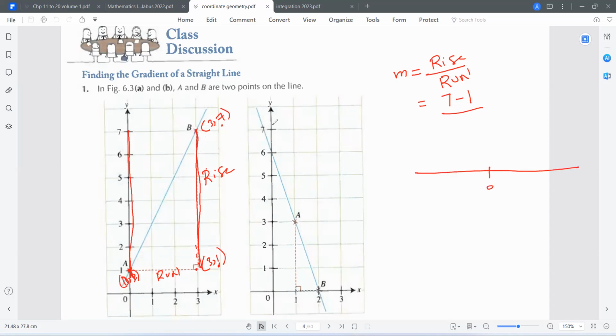If you find the distance on a number line, like if this is 5 and this is 2, and you want to find the distance between these two, simply what do you do? 5 minus 2, that means 3. So I did a similar thing. If I want to find the distance of this vertical line, this is 7 and this is 1, so 7 minus 1.